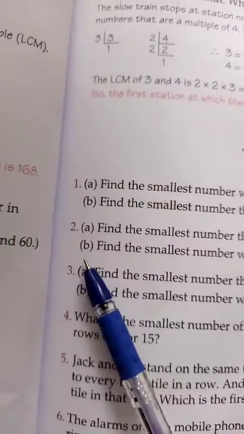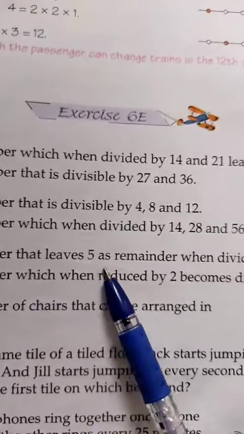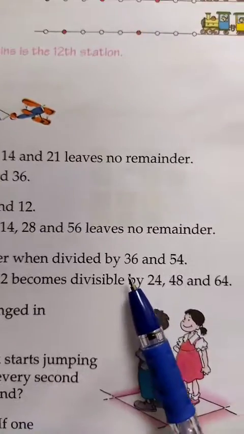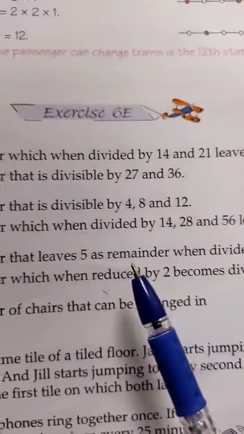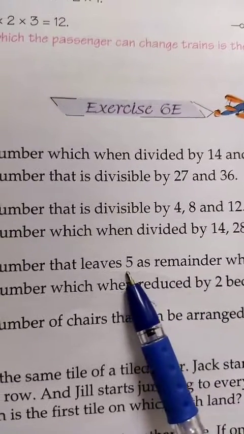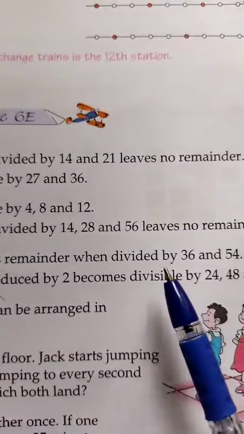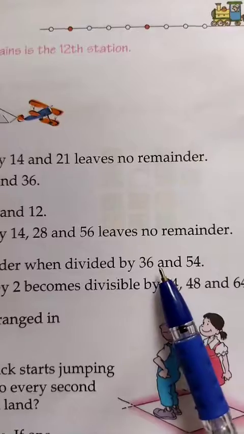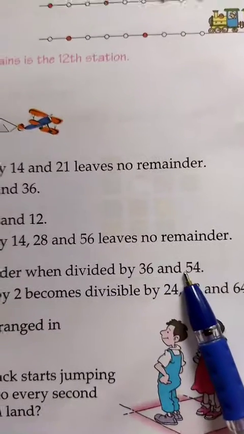Now see the third A part. Find the smallest number that leaves 5 as remainder when divided by 36 and 54. Now in this question the remainder is also given. So how will you solve this? First of all, you will find the LCM of the given numbers, that is 36 and 54.